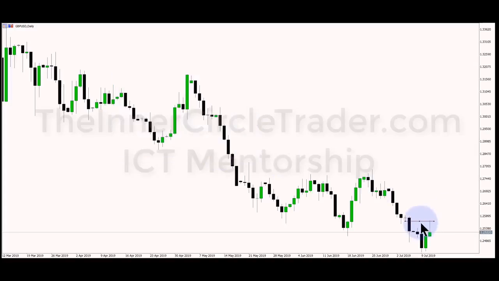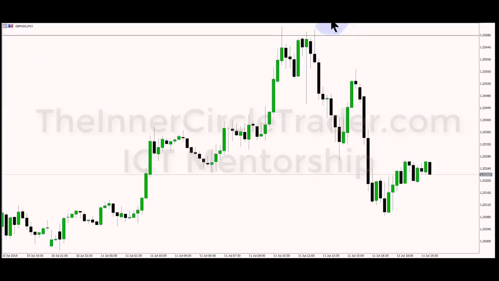Right there. Fair value gap, complete closure. Now I'm going to drop into a 15-minute time frame. And here we are, we have price trading up into that. That's its daily level, the daily level that closes the fair value gap on the daily chart.